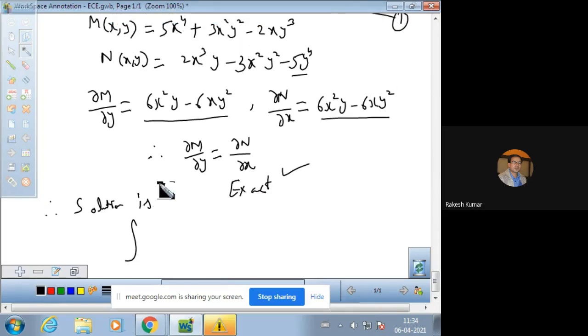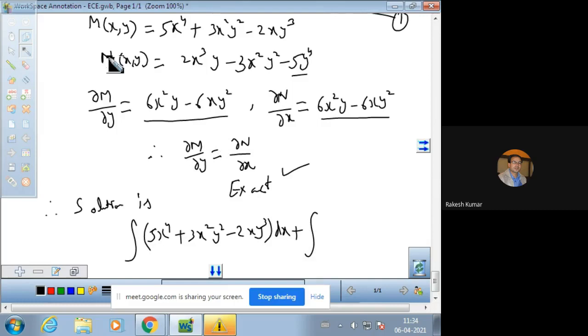So m is this, 5x4 plus 3x square y square minus 2x y cube into dx, plus terms of n not containing x. This has x, this also has x, we will not take these; this has no x, so minus 5y4 into dy is equal to constant of integration.